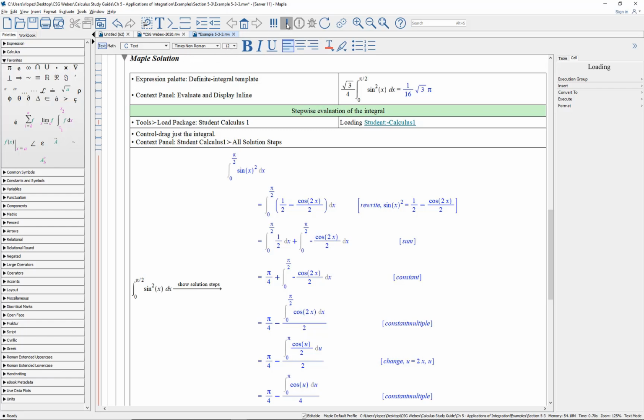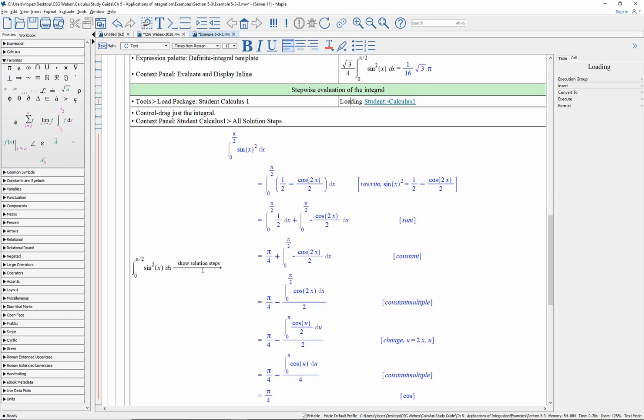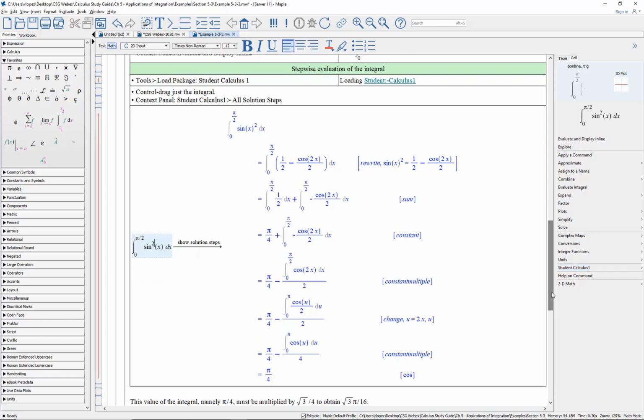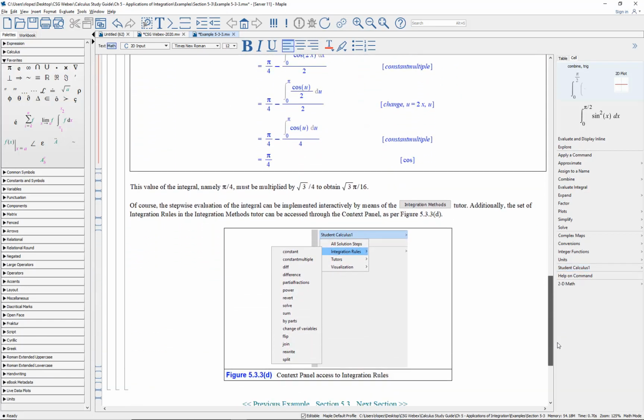So I'm going to make sure that the Student Calculus 1 package is installed. Write the integral here. In Student Calculus 1, you have this option for integration, all solution steps, or you can go stepwise and you can ask Maple, well, tell me what the next thing to do is. Or you can look for the list of rules and you can apply the rules stepwise.